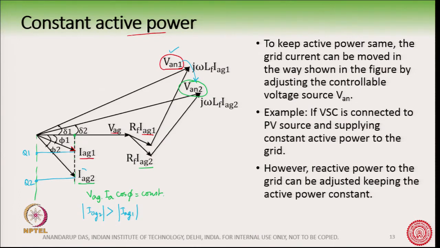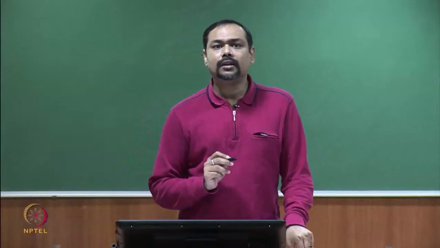So, by controlling the VAN voltage, that is, by changing the magnitude as well as the angle of the converter's output voltage and moving it from the initial position to the final position, we have kept the active power the same, we have changed the reactive power, and we have changed the current flowing from the converter into the grid.